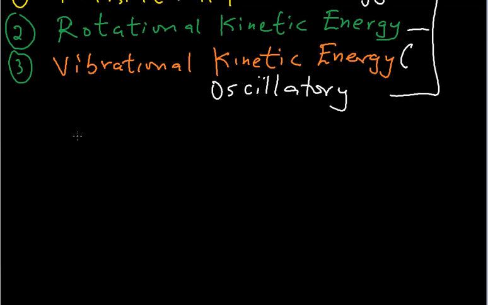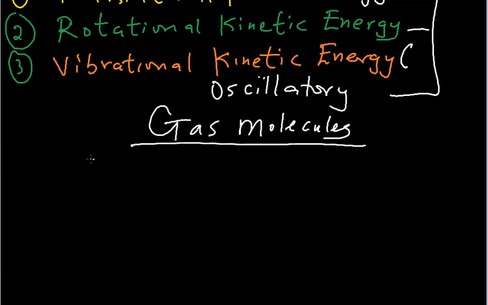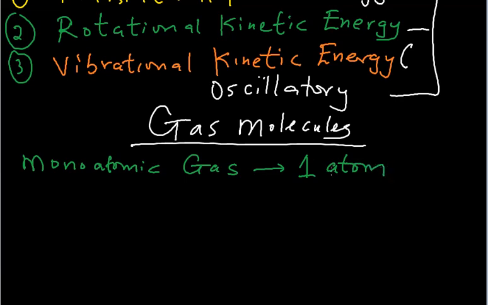We're going to look at some case scenarios. Our case study here is gas molecules, and the type of gas we are going to consider is monoatomic gas. A monoatomic gas, as the name implies, is made up of just one atom.